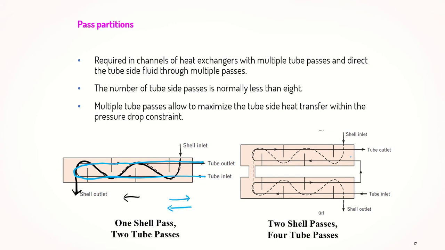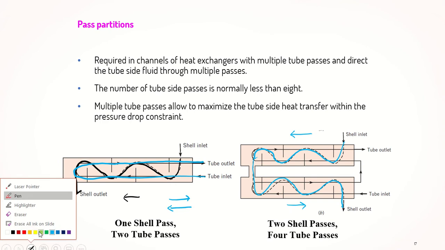For this particular example, we are going to have two shell passes. The reason is that we have two directions. First this direction, and the second pass would be in the opposite direction. So this would be a two shell pass.